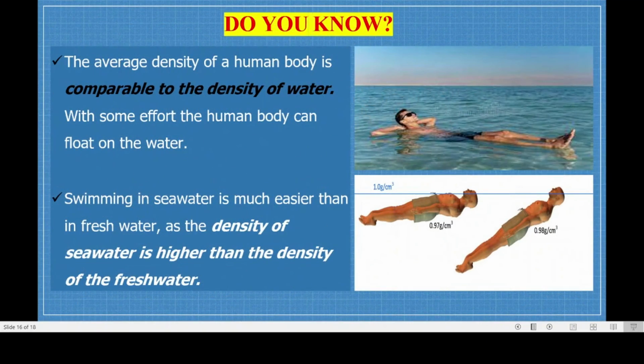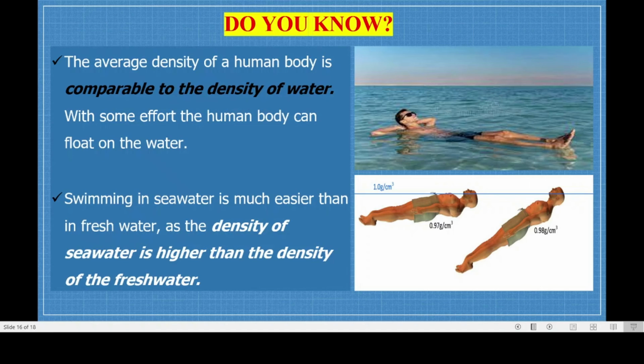And do you know one more thing? The average density of a human body is comparable to the density of water. With some effort, the human body can float on water. You know that the density of water is 1 gram per cubic centimeter. The average density of a human body is 0.97 gram per cubic centimeter, slightly less than the relative density of water.